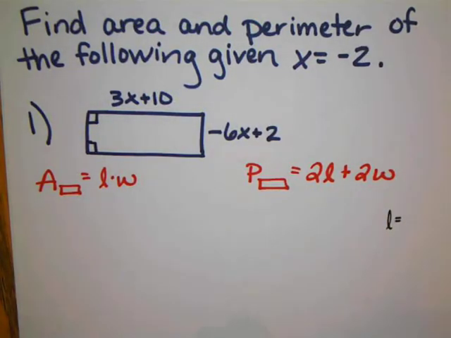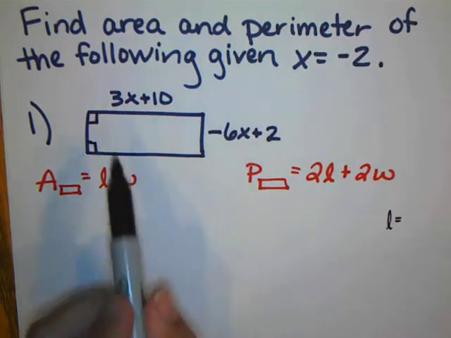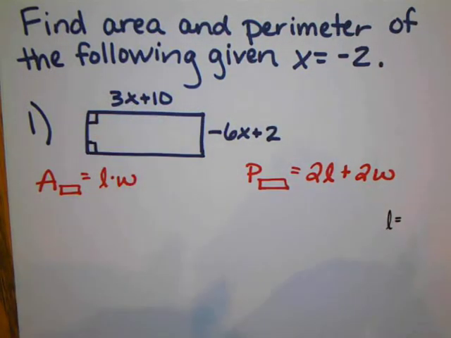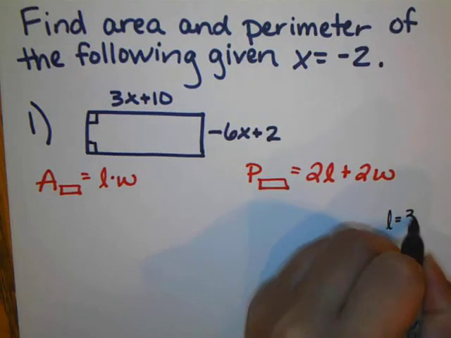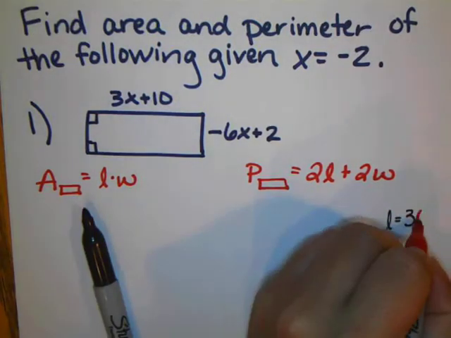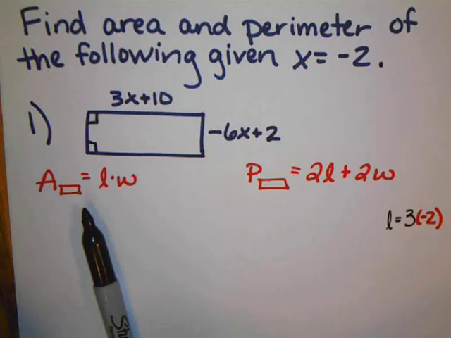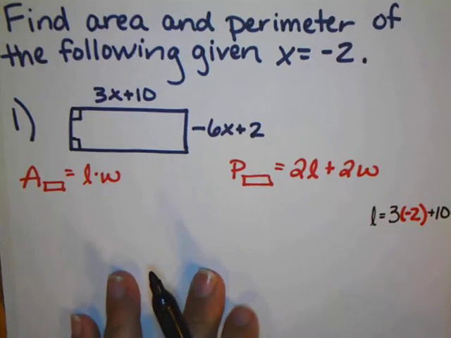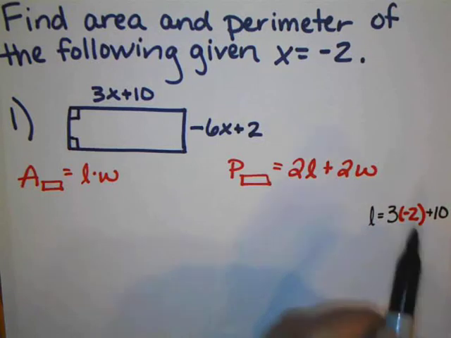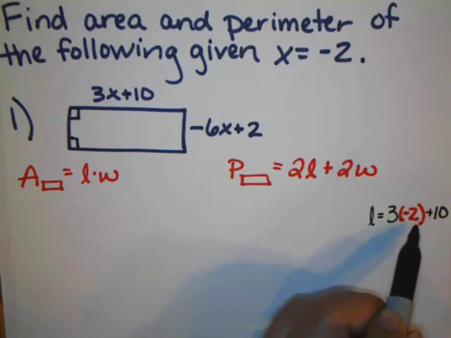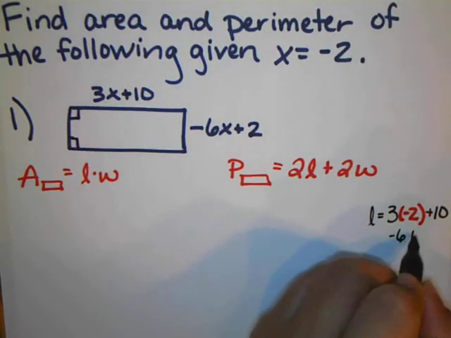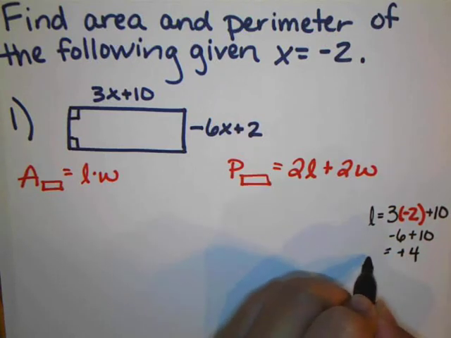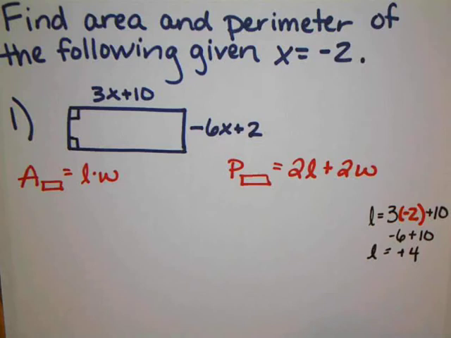Length equals, this is my length, 3x plus 10, and x is -2. So we have 3 times x, which is -2, plus 10. I like to show that so you can see the difference in what x is. Now order of operations tells us 3 times -2 is -6, plus 10 is positive 4, excuse me. Our length is +4.